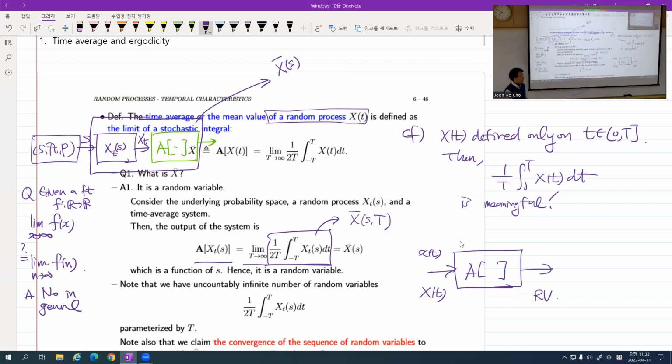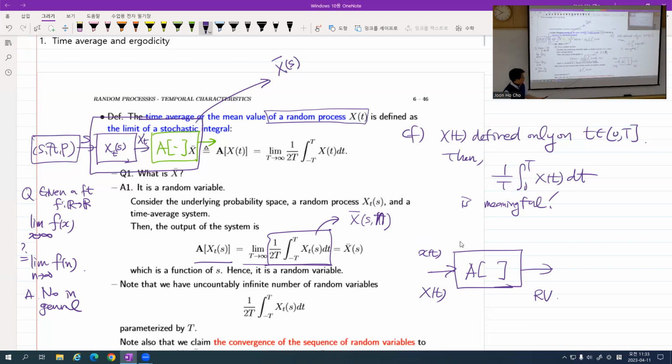Assuming the limit exists, we consider not the uncountably infinite random variables, but a sequence of random variables by specifically sampling, for example, at some integer or integer times some constant. Got it?